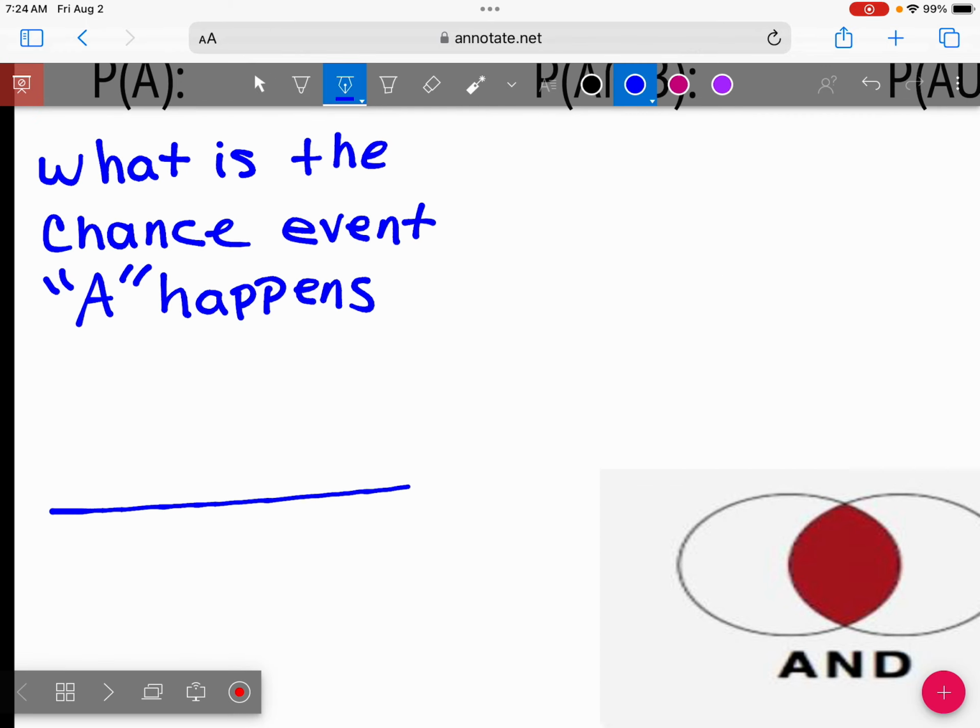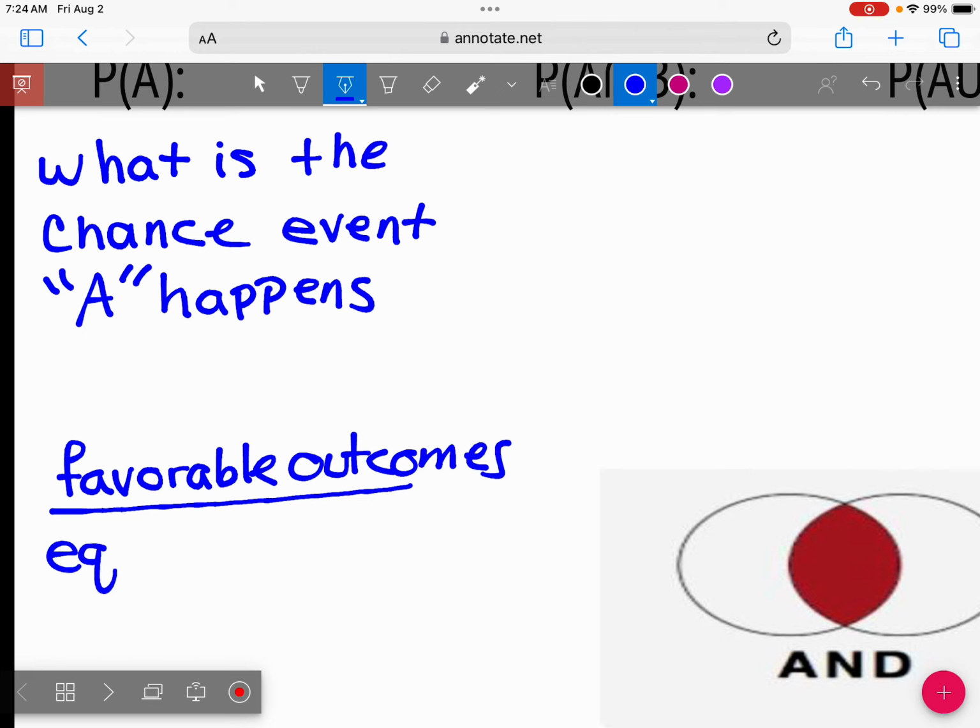This is what we wrote yesterday, so if you have it down just above it, you don't need to write this again. I'm just going to put it up here so that it shows up on my documentation. Where we have our favorable outcomes over our equally likely outcomes.